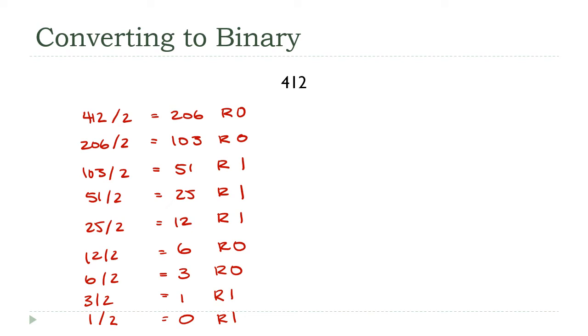And that's how you know you got to the end, when you get to 0. When you do the division and you have 0 remainder something, that's how you know you're finished.